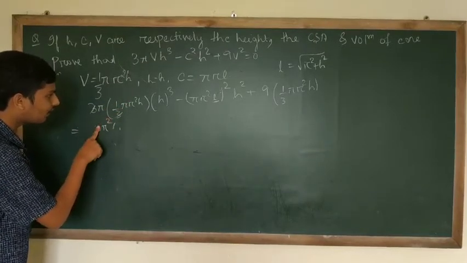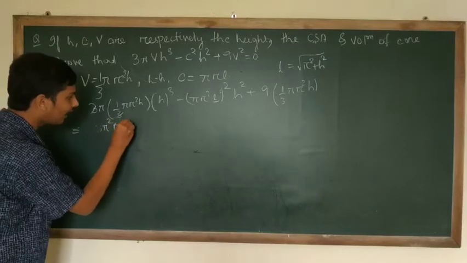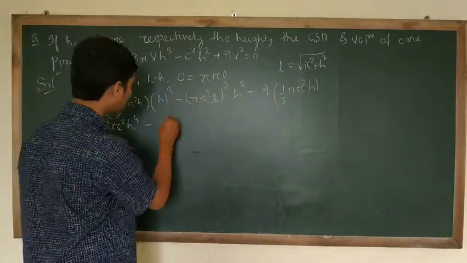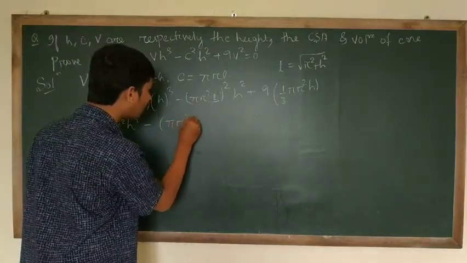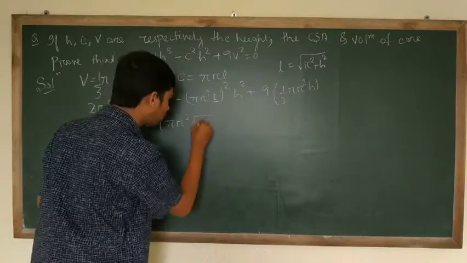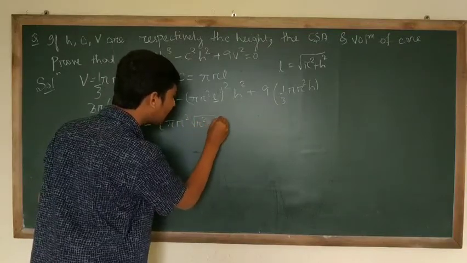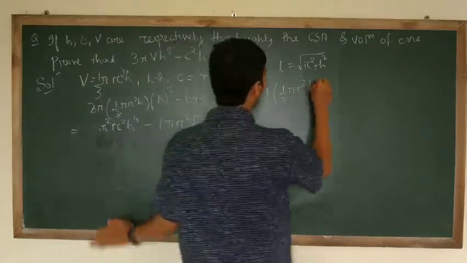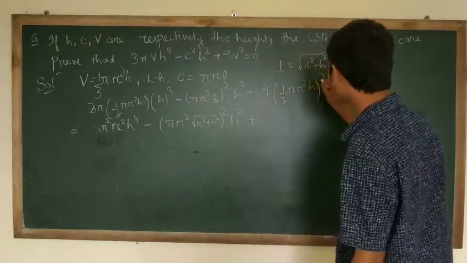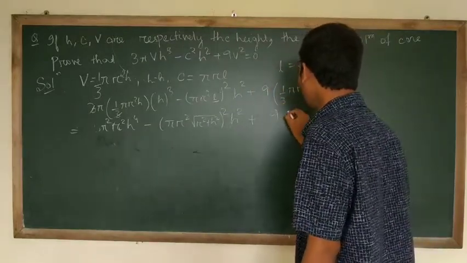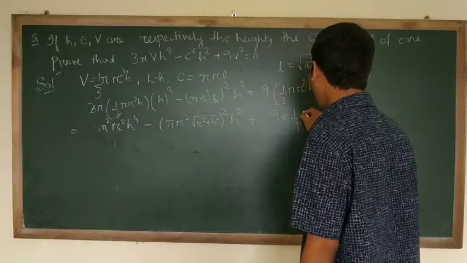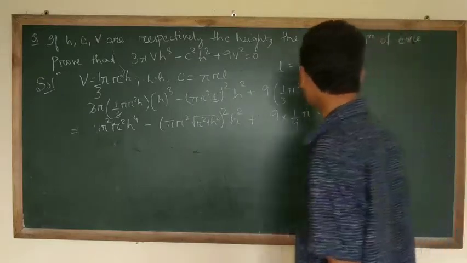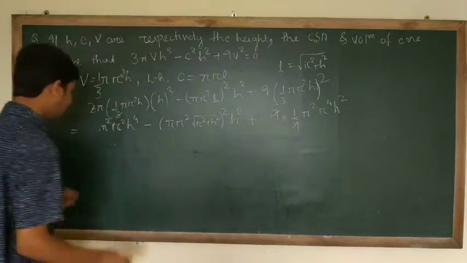So pi square r square h to the power 4, we are remaining with this term, minus we are changing this term pi r square into r square plus h square into h square, so this will be 9 into 1 by 9 pi square r to the power 4 h square. Okay, so this is going to be cut.